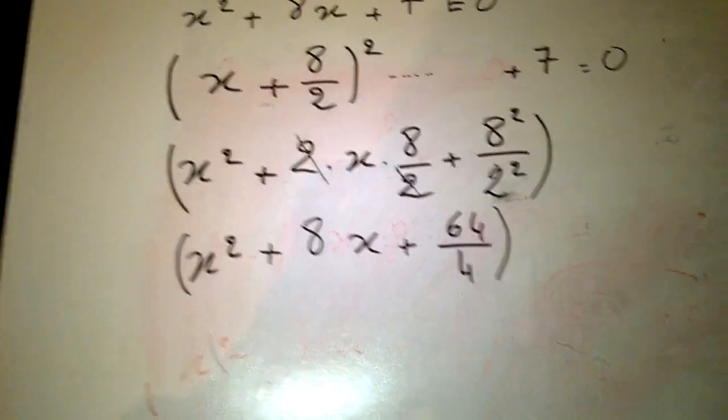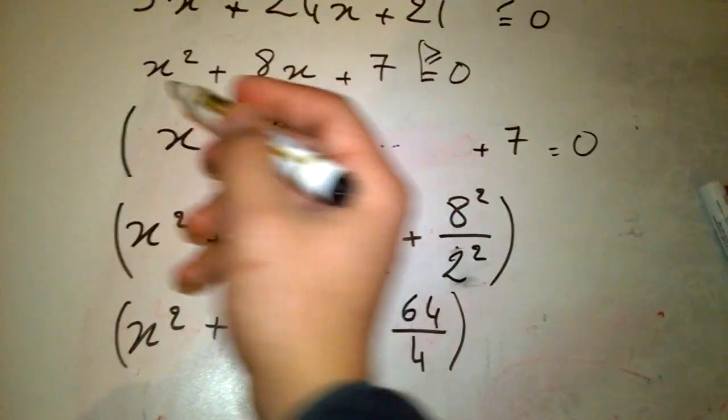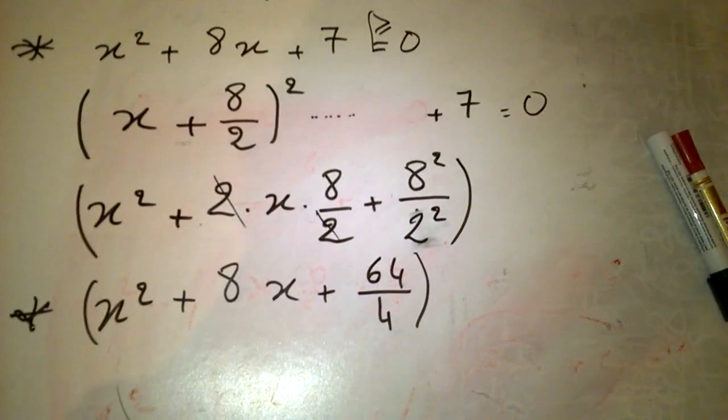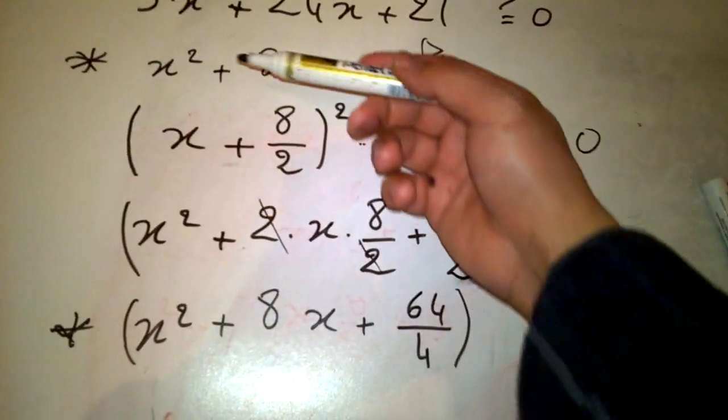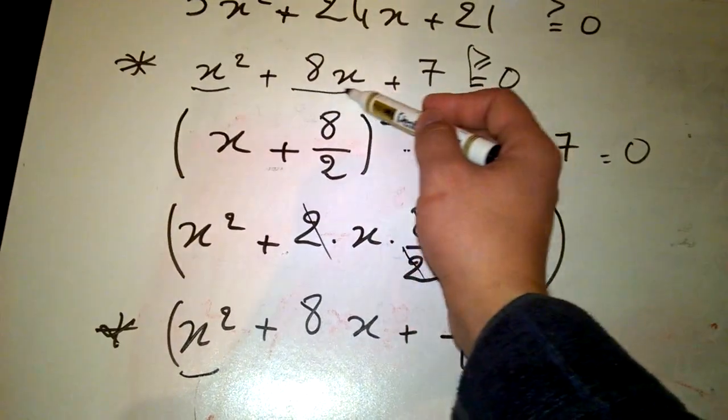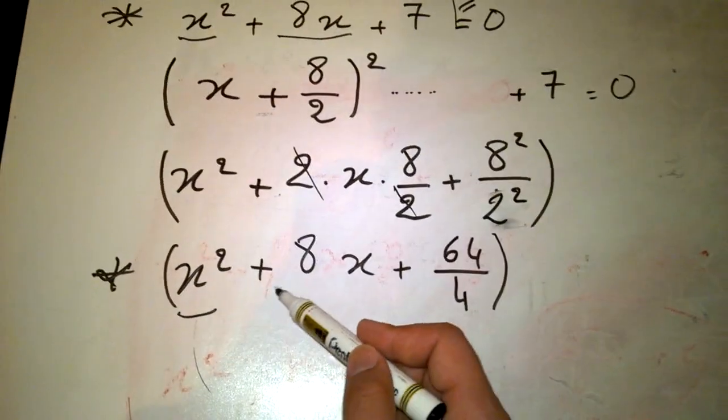So now you can see this one and this one. What is the difference? Here we have x squared, and x squared as well. We have plus 8x and plus 8x.